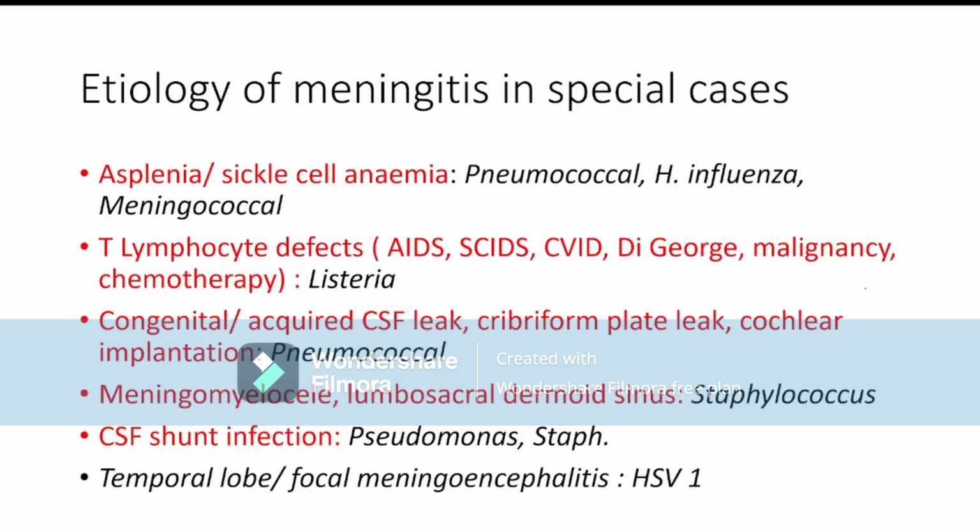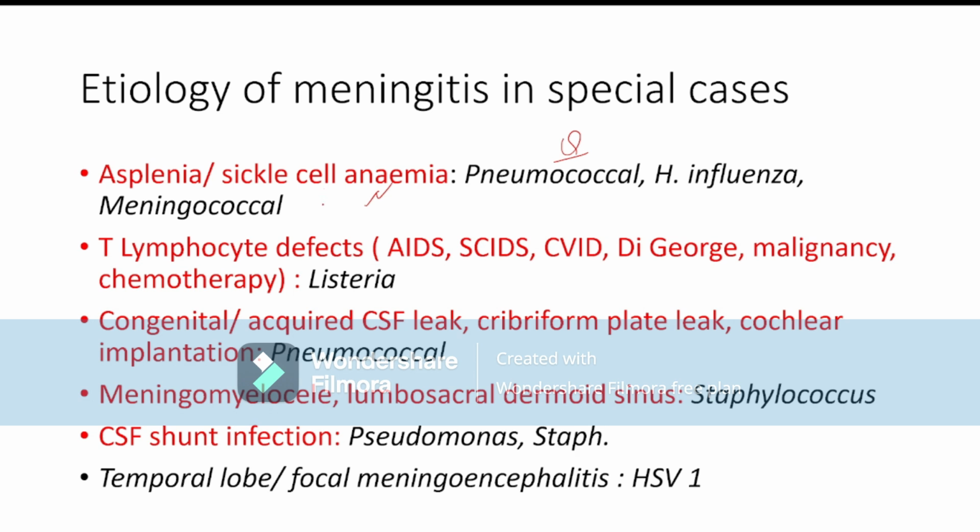Now come to some special cases. This is all in MCQs. If the child is suffering from asplenia or sickle cell anemia, then the most common organism is pneumococcal. That means in asplenia or sickle cell anemia, the spleen does not kill the bacteria.